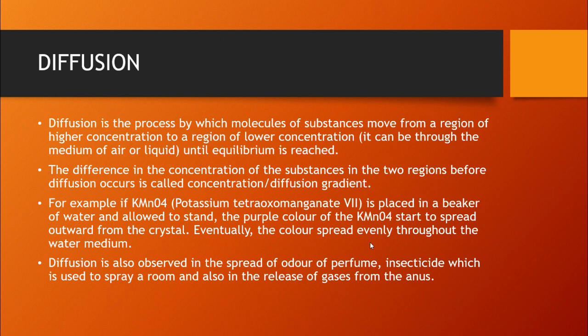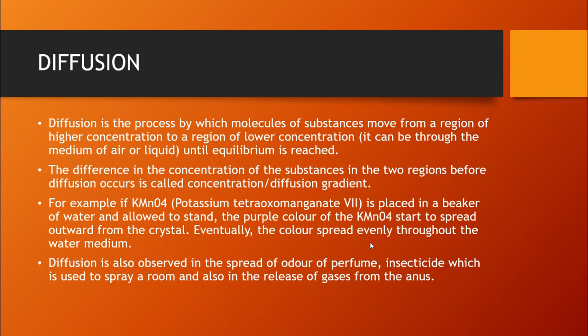After some time, the perfume circulates the whole room. The perfume diffuses into the whole room. That's diffusion. So diffusion is the movement of molecules. I'm trying to break this down. We have movement of molecules from what? From a region where it is more to a region where it is what?